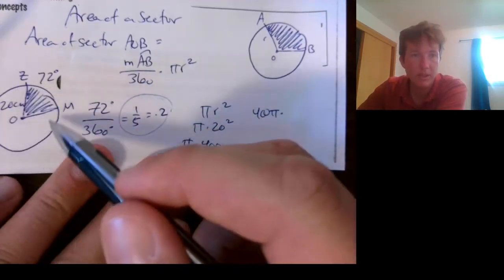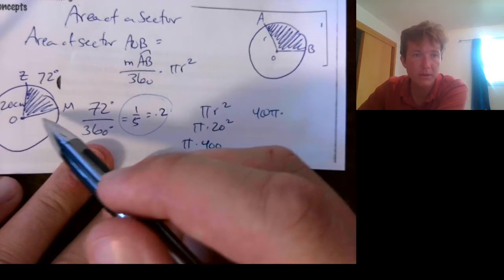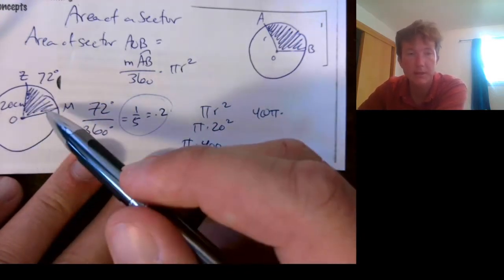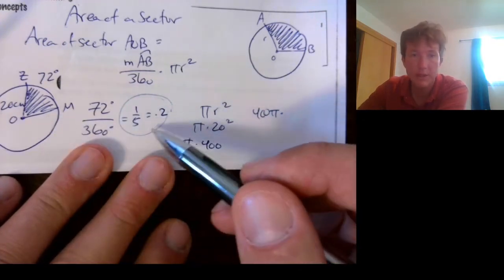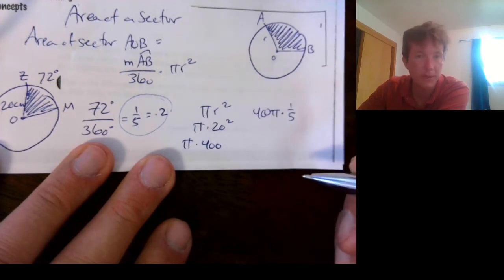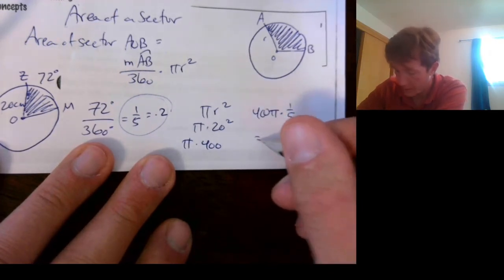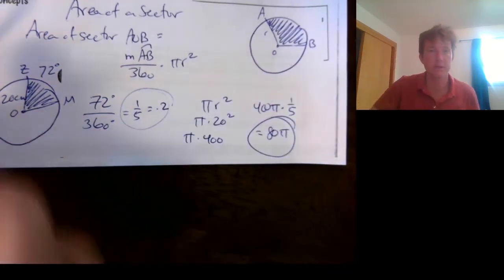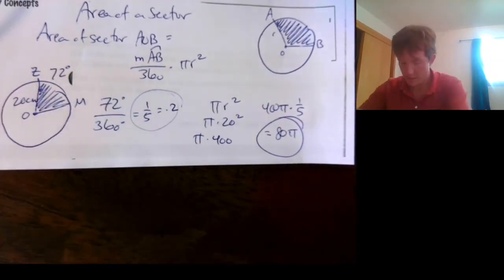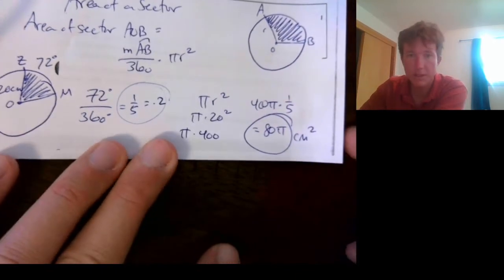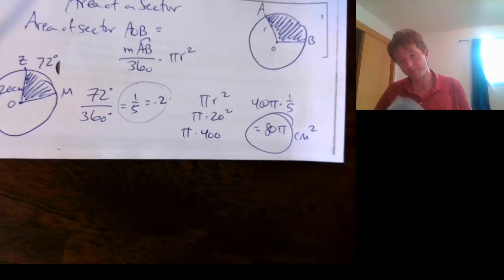So basically the fractional component of the circle, that this sector is. We found that it's a fifth of the circle. So I'm going to take the 400, multiply by a fifth, or 0.2, and then you'll get 80 pi. Okay, so the area of this sector is 80 pi, and your units are going to be centimeters squared. Okay, go ahead and flip the page.